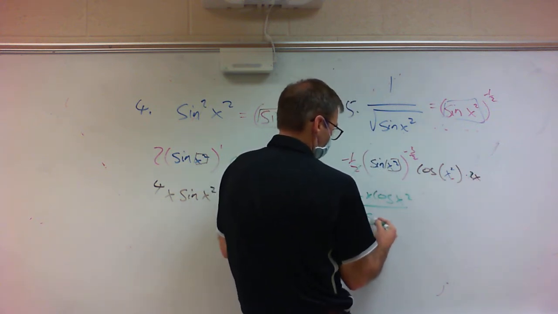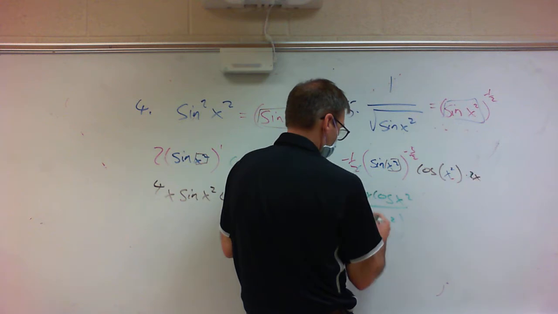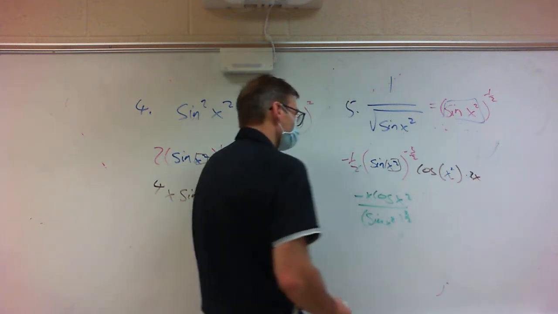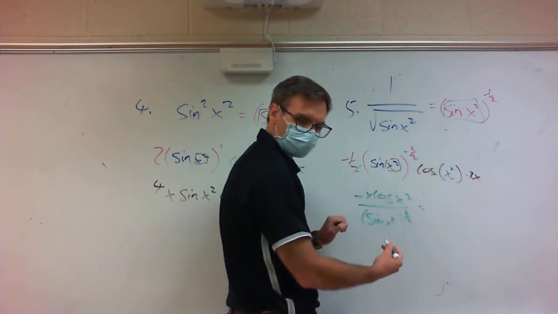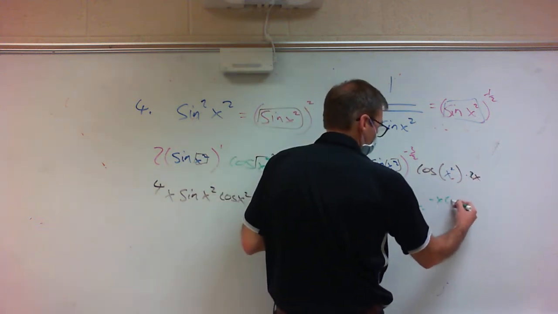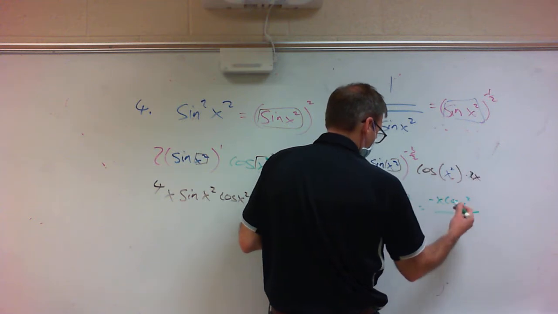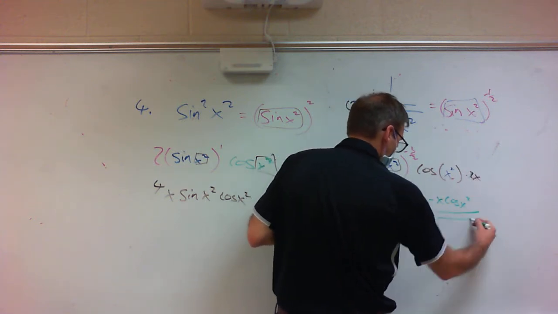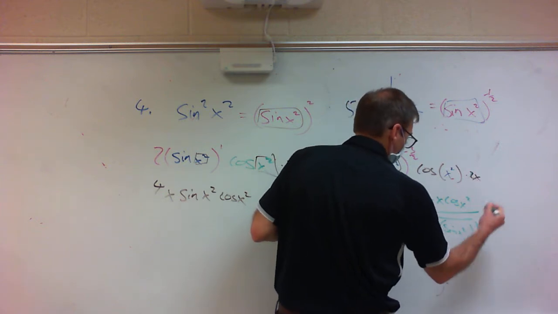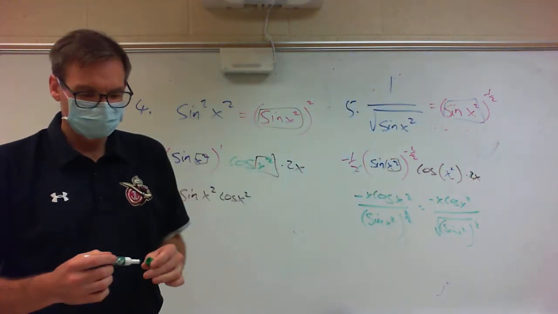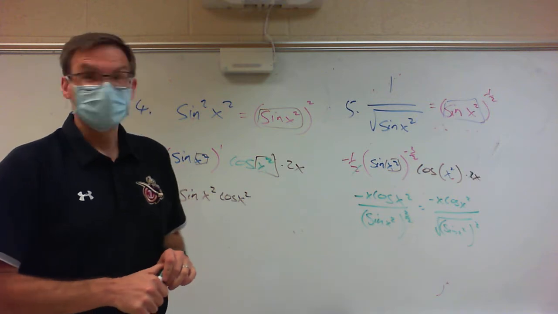And then I'll end up with sine of x squared all to the 3/2, which most likely, if I were to look up in the back of the book, they would say this is equal to negative x cosine x squared all over the square root of sine of x squared cubed. Yay, right?